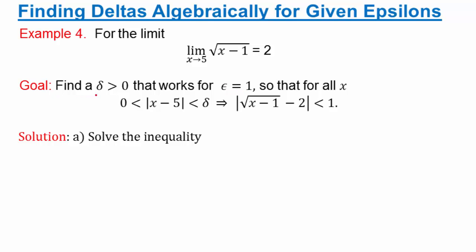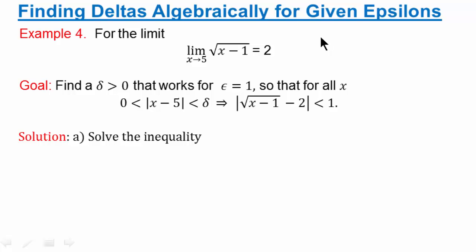Our goal is to find a delta that works for epsilon equal to 1, so that for all x, if the absolute value of x minus 5 is between 0 and delta, then the absolute value of f of x minus the limit value is less than our epsilon, which is 1. So how do we find a delta?